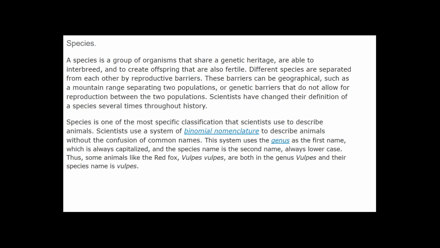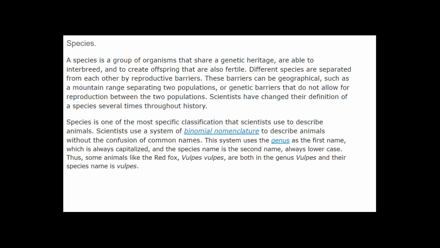Again, that's fairly straightforward. Reproductive barriers mean that either they can't produce offspring at all, or if they can, the offspring are infertile. These barriers can be geographical. There's a mountain range separating two populations. It can also be a water body.